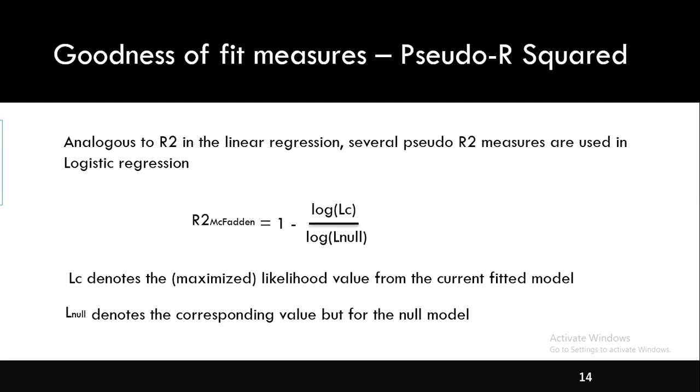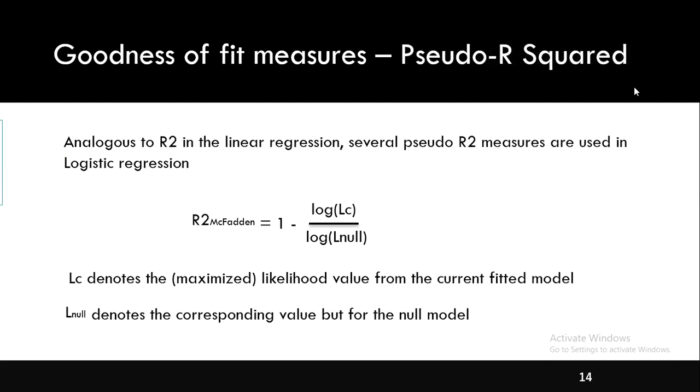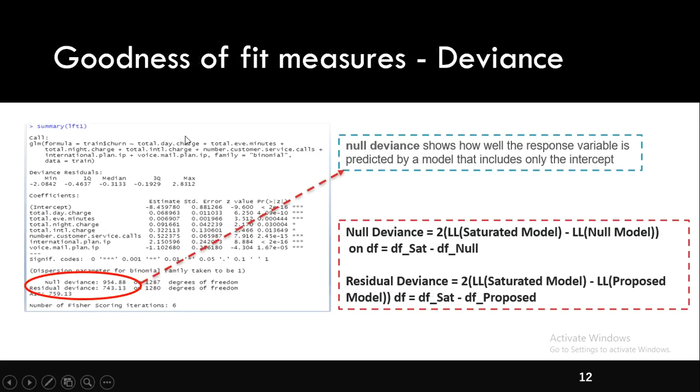Though pseudo R squared is analogous to R squared in linear regression, the interpretation of pseudo R squared measures in logit is different from those in linear regression. So next we have something called Fisher scoring iteration. At the bottom of the logistic regression model summary, we could see this one.